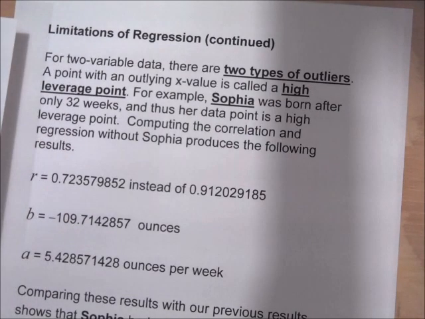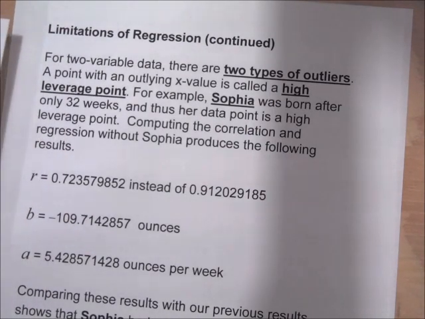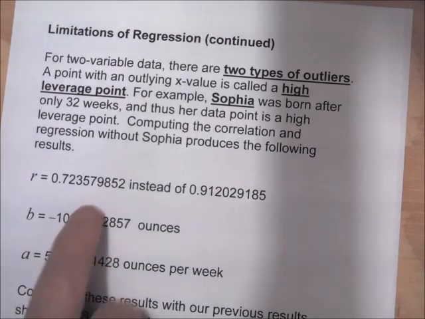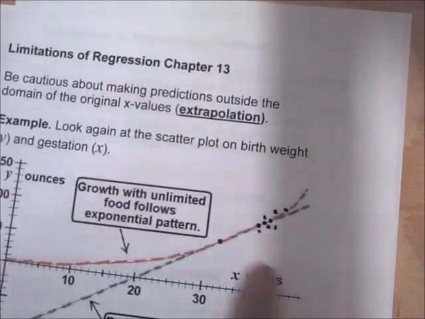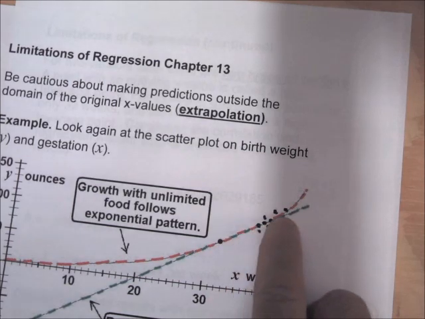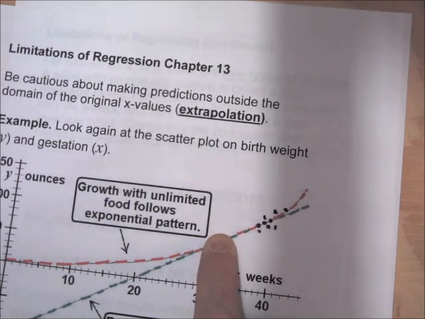In this case, it has a big effect on R. If we take out that point, it doesn't have much effect on the slope, because without that point, we pretty much have the same line.